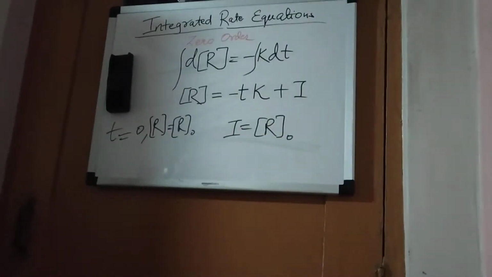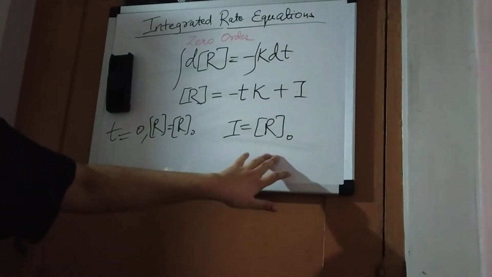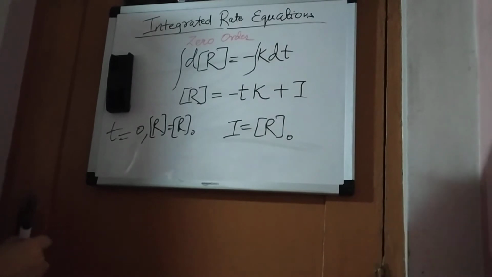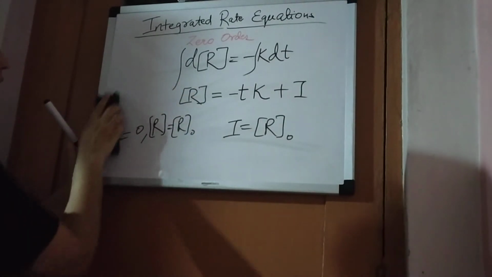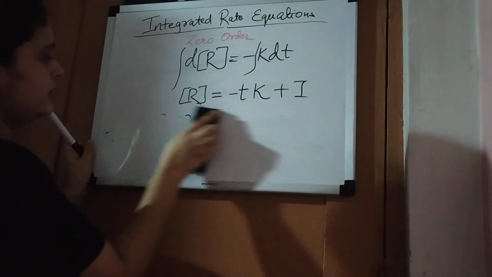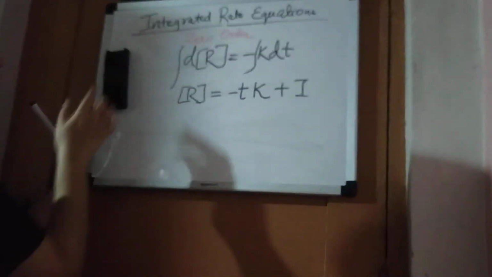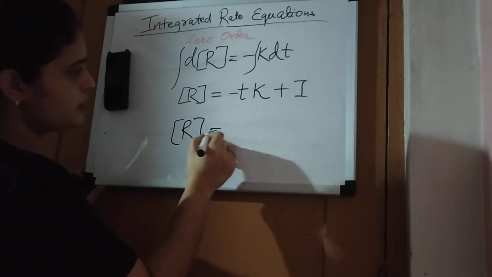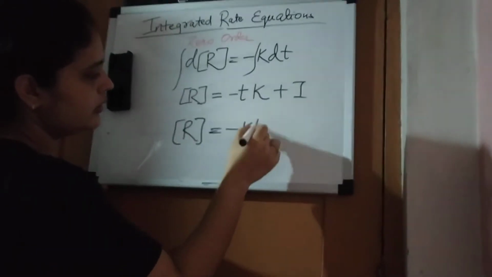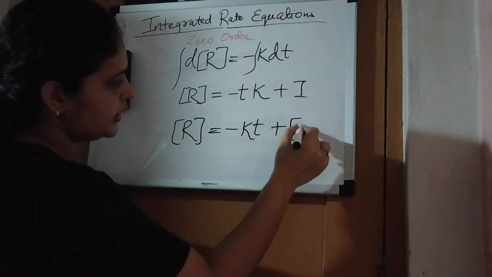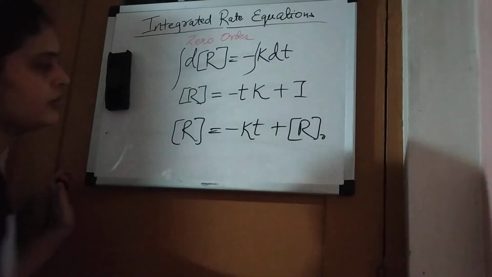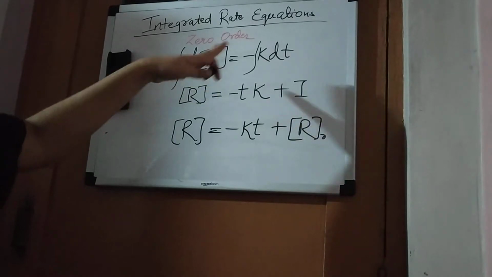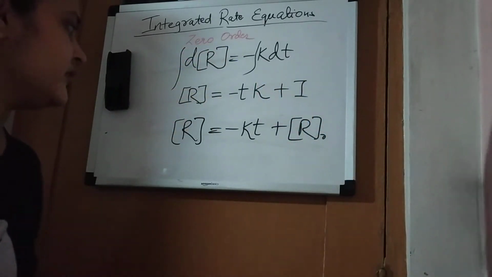Now we simply put I equals R naught here. So this is the final integrated rate law equation for zero order reaction: [R] equals minus kt plus [R] naught.